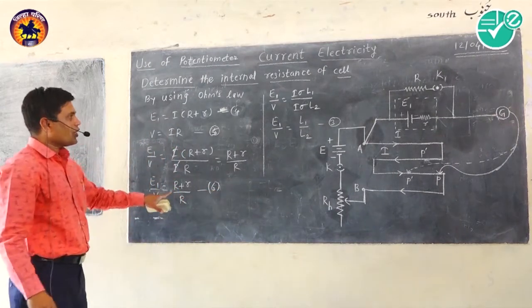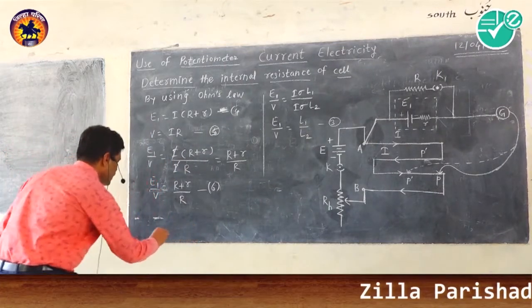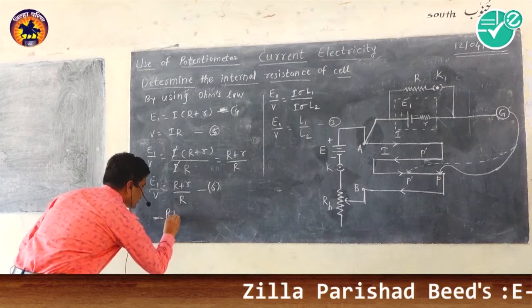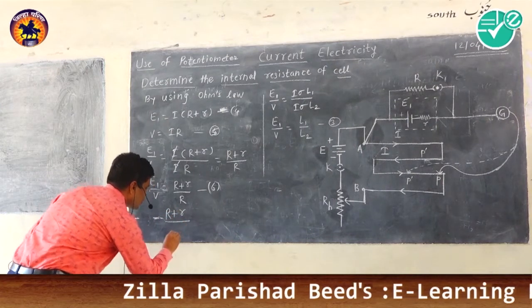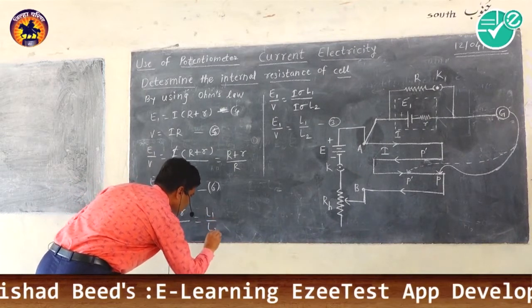By comparing equations 5 and 6, we will get a new relation, that is capital R plus small r divided by capital R is equal to L1 upon L2.